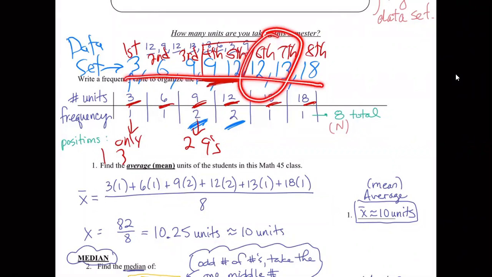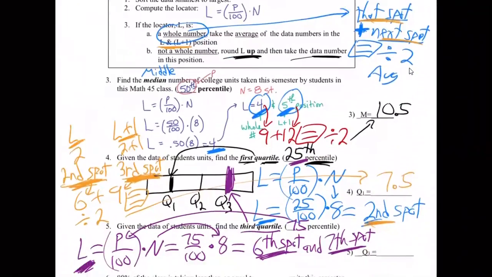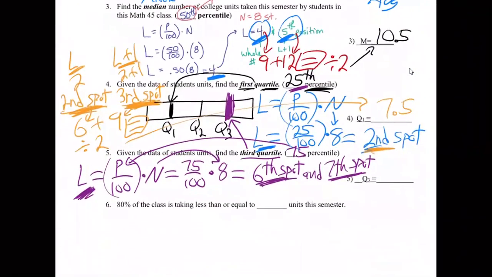Go to the 6th and 7th numbers. Is that good? So I'm grabbing the 6th and 7th numbers, which are 12 and 13. Let's bring those back. 12 plus 13, because the 6th number is 12, the 7th is 13.